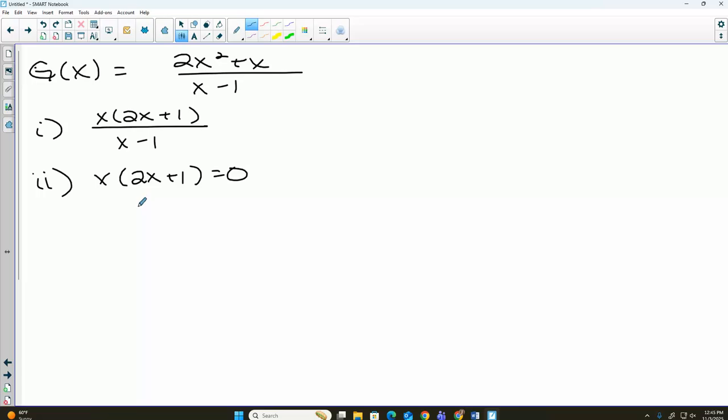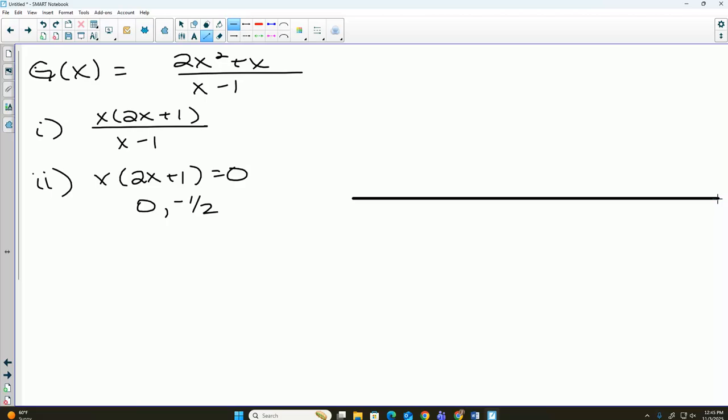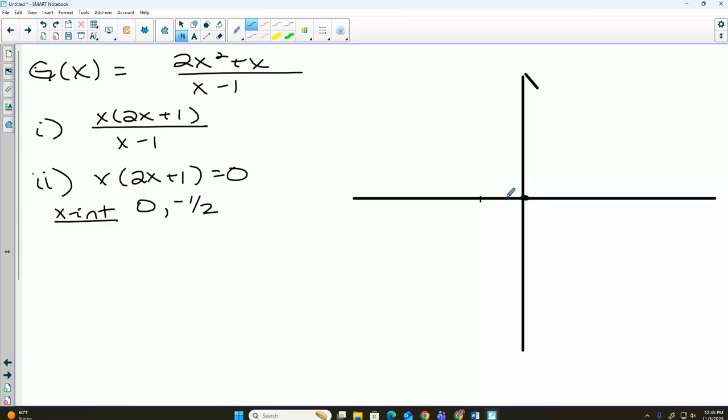And so you get 0 and -1/2. Y-intercept, if you put in 0 for all of the x's, you get 0 over -1, which is 0.